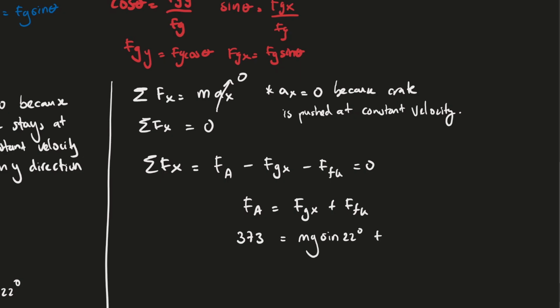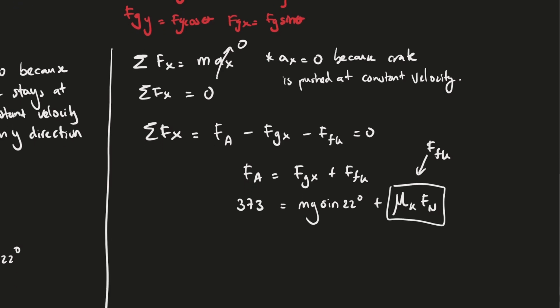Force of friction is defined as the coefficient of friction, in this case the kinetic one, multiplied by the normal force. This is the definition of Fk. It'd be the same for static friction as well, but the coefficient is going to be the coefficient of static friction instead. The formula essentially remains the same.